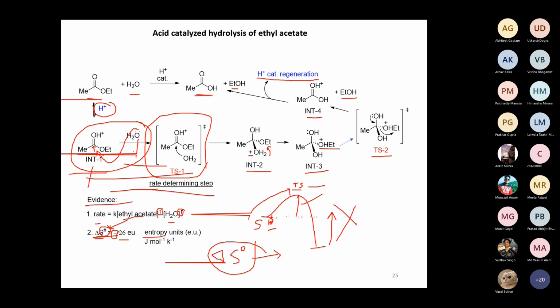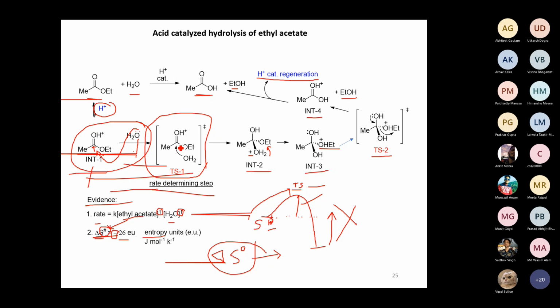But in the previous cases, your transition state has less entropy compared to the starting material. The starting material molecules are free, but here they are getting restricted. So that's why it is negative. The transition state has less entropy compared to the starting material.